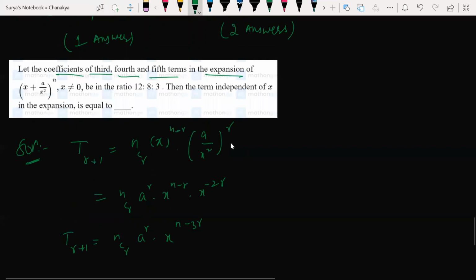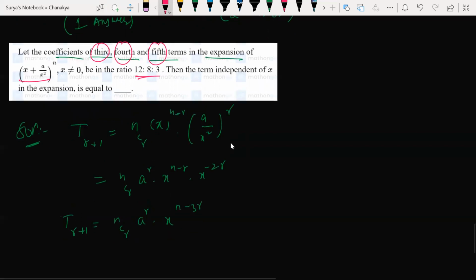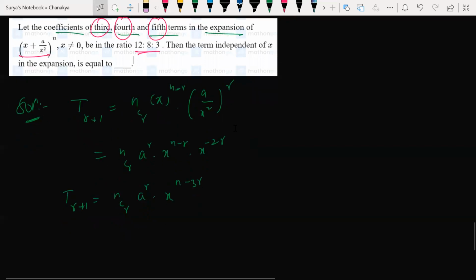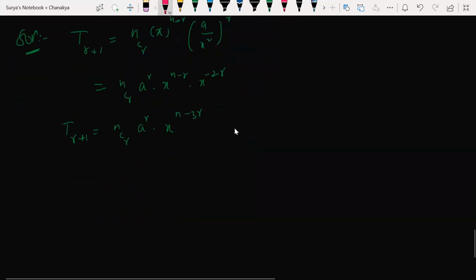What has he given here? The third, fourth, fifth terms of the expansion are in the ratio, then the term independent of x is what? NC2 a to the power of 2 is the second term, NC3 a to the power of 3 is the third term, NC4 a to the power of 4.